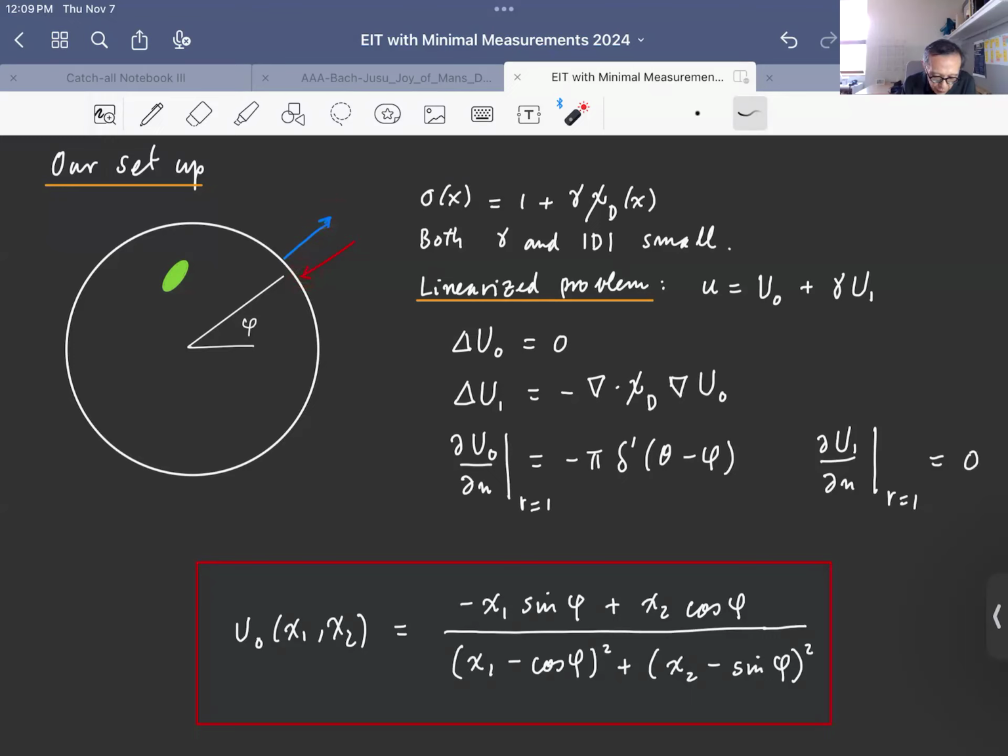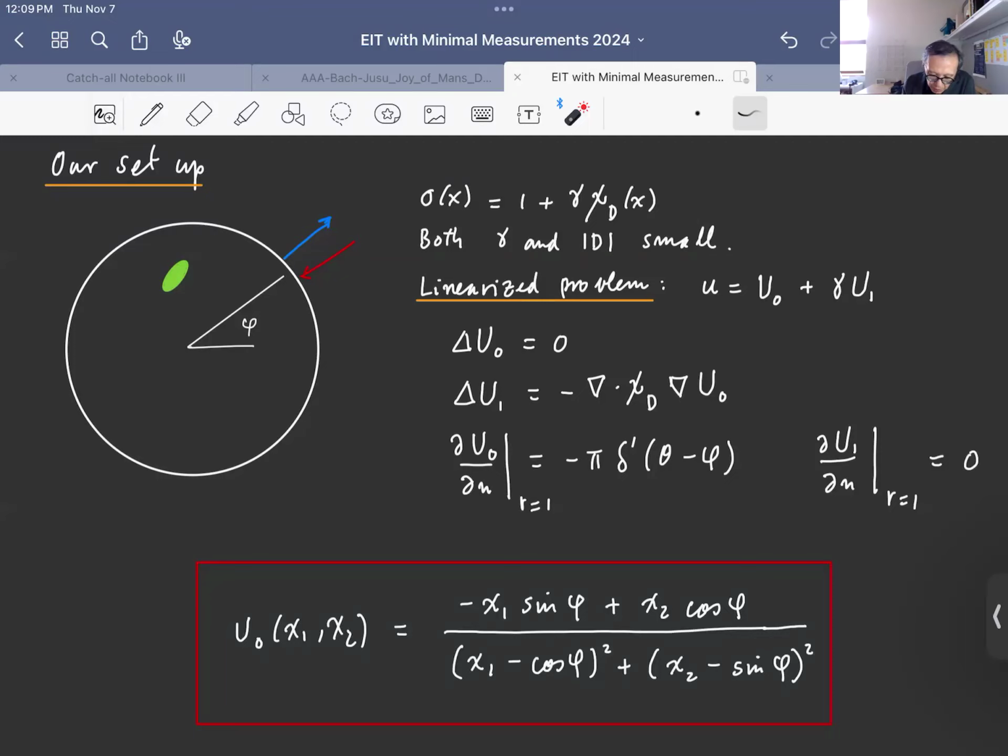And so we're creating a dipole field, or an approximation of a dipole field, in a physical space here, which is going to be a unit circle just for simplicity. The unknown is this green blob. And so the field that's created by this pair of dipoles is very easy to write out.